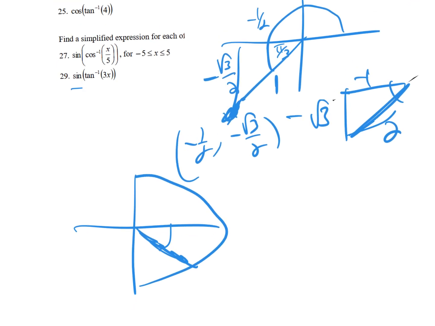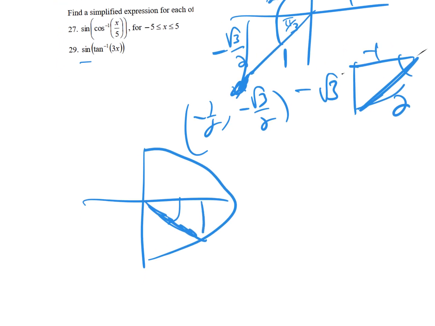This is going to be negative square root of 3 over 2. So that's going to be the same reference angle, pi over 3. So that's going to be the answer, except this is a negative angle. So the way we answer that, we would write negative pi over 3 rather than 4 pi over 3. It's an angle that has the same sine, is basically what you're doing. All right, so hopefully that helps.